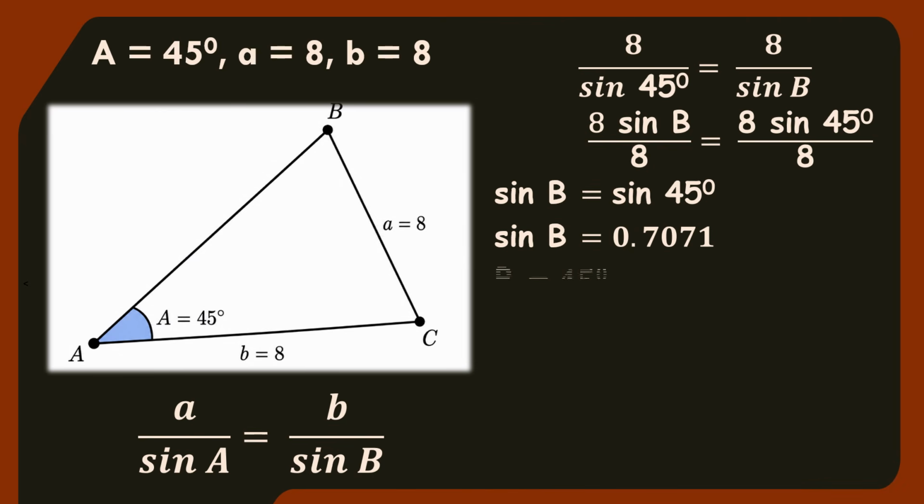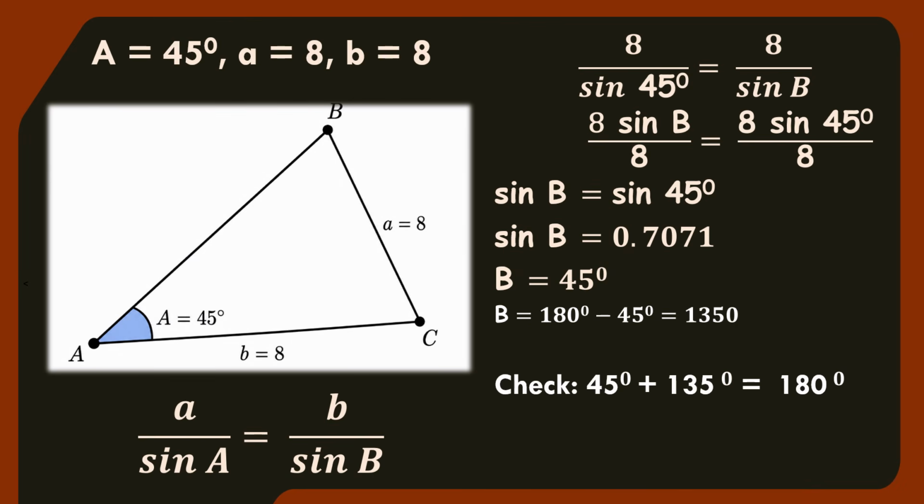The answer for angle B is equal to 45 degrees. Next, let us identify the other value. B is equal to 180 degrees minus 45 degrees, which is 135 degrees.